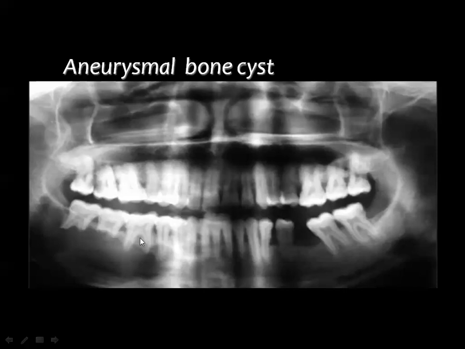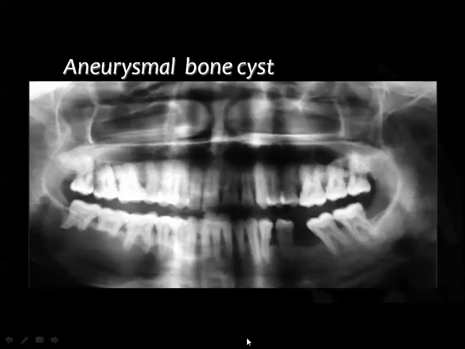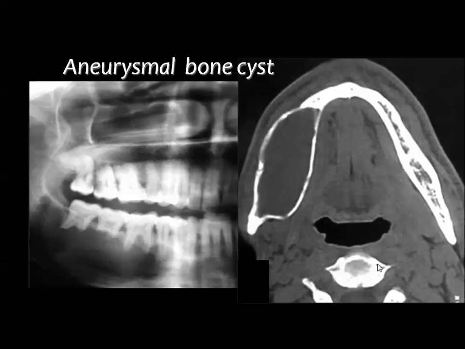This is an example of a cystic lesion which is related to the roots of the teeth. Some of the roots are eroded, then the CT scan showed a big cystic lesion expanding the mandible. In this bone window image, you cannot appreciate the presence of internal fluid levels.